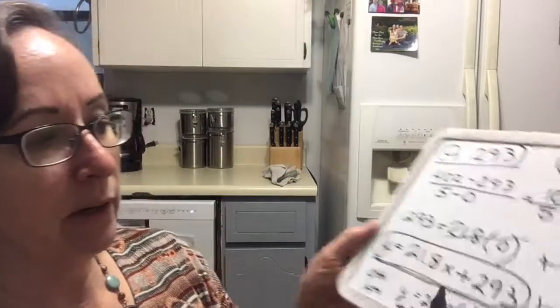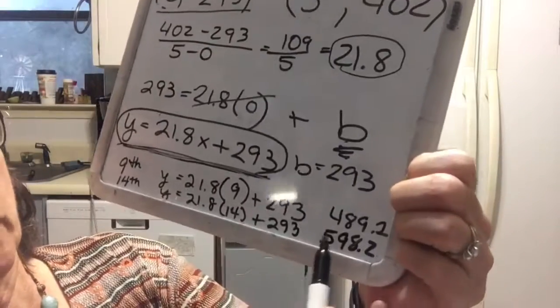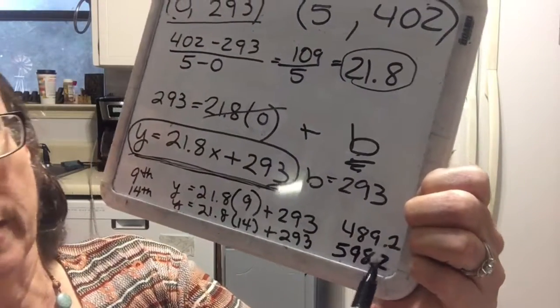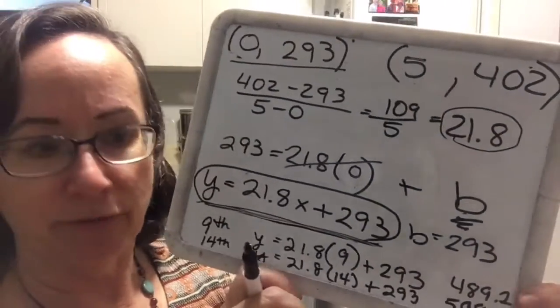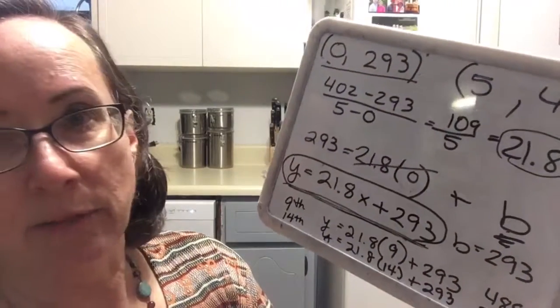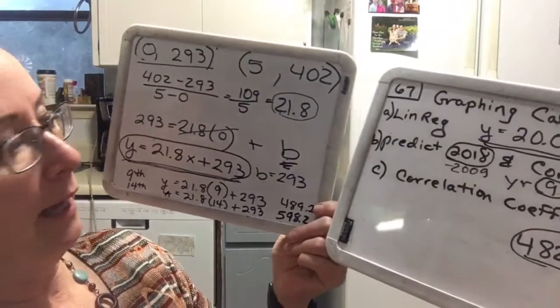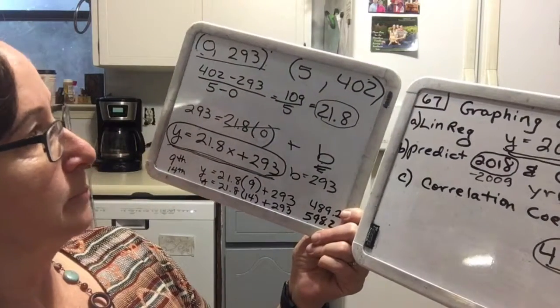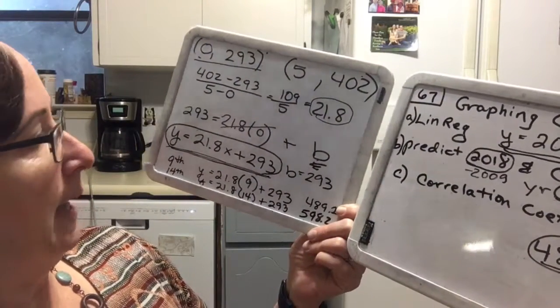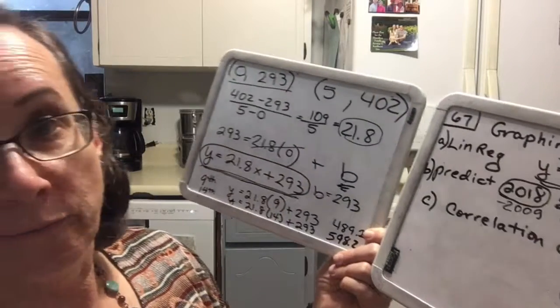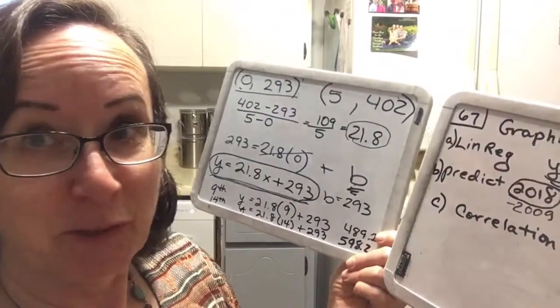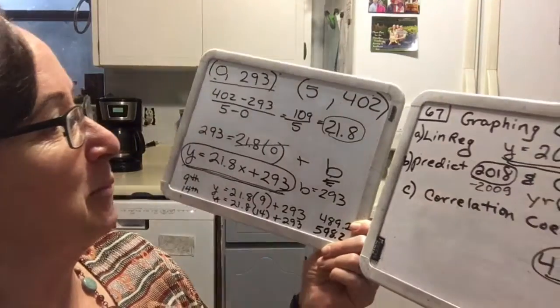Okay, so 482.37 is what we came up with when we did our Linreg, and when we had done the same year using our formula, we got 489.2. Not a lot of difference. Okay, 7 points difference, not too bad for a future prediction, but that's not future anymore, is it? It was future when the text was written and when the problem was done.